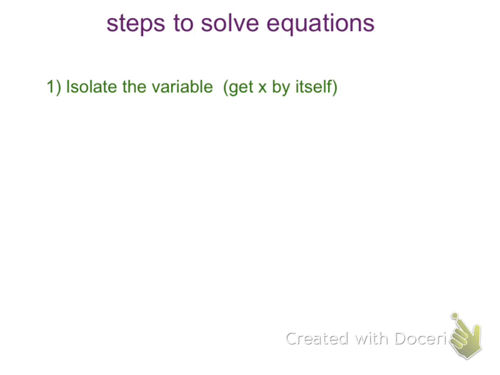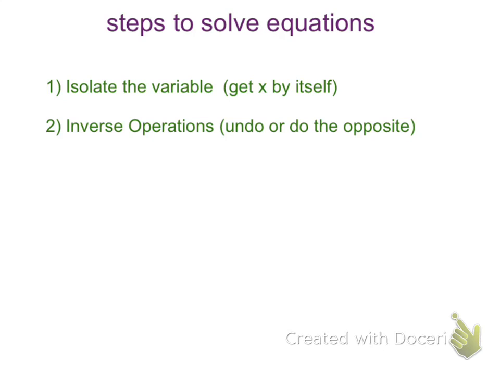Step number 2. You need to do the inverse operations. When we talk about inverse operations, it really means the opposite operation. You're basically undoing something. For example, if I am adding 5 to the x, to undo it or use the inverse operation, I wouldn't add 5, I would actually subtract 5.